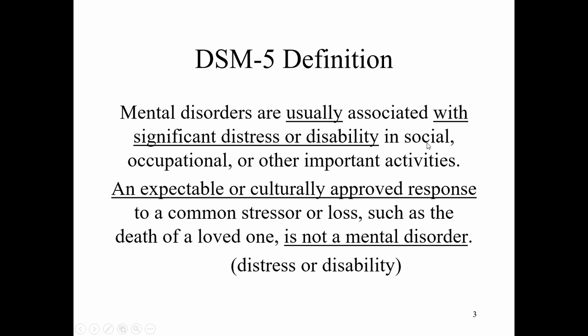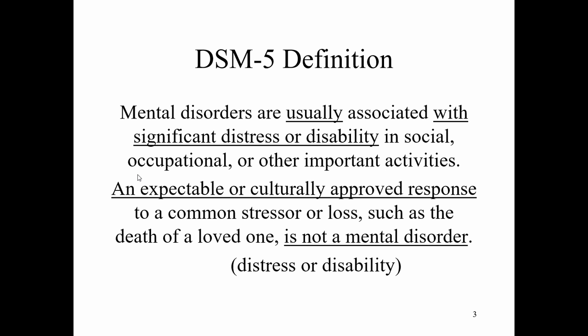This might be in the area of social activity in terms of their relationships. They may not be able to maintain good relationships with others, or in the area of occupation. So the person may be unable to do their work as they need to as a result of this dysfunction that we talked about. Now, what about students?